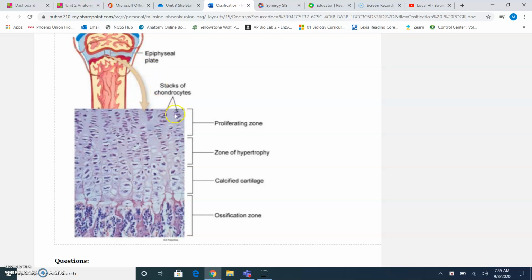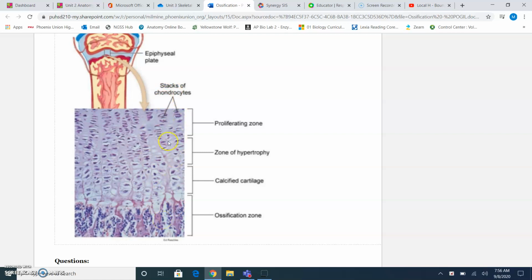And we can see that these chondrocytes go through different zones. They go through a proliferating zone, a zone of hypertrophy, a calcification stage, followed by an ossification stage. Now, we already know that ossification means formation of bone, so hopefully when we look at ossification zone, we can start to deduce that at this place right here, these cartilage cells, the chondrocytes, are now becoming bone.